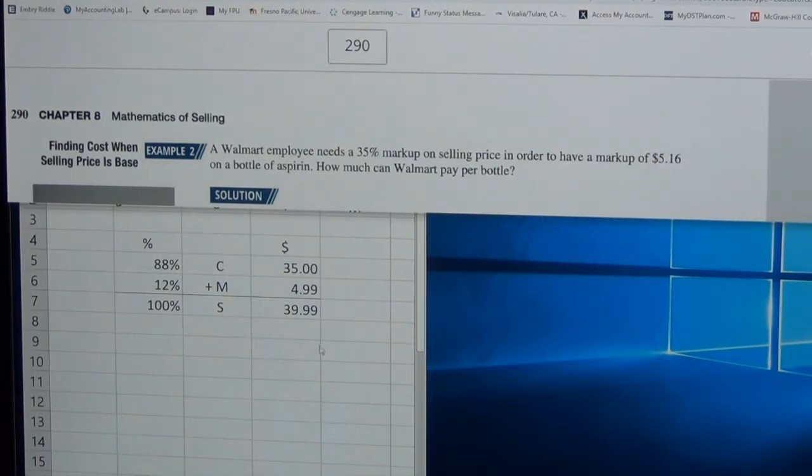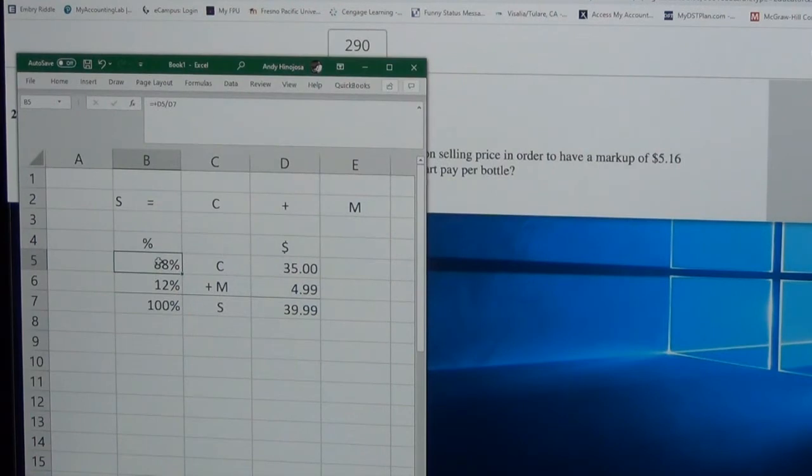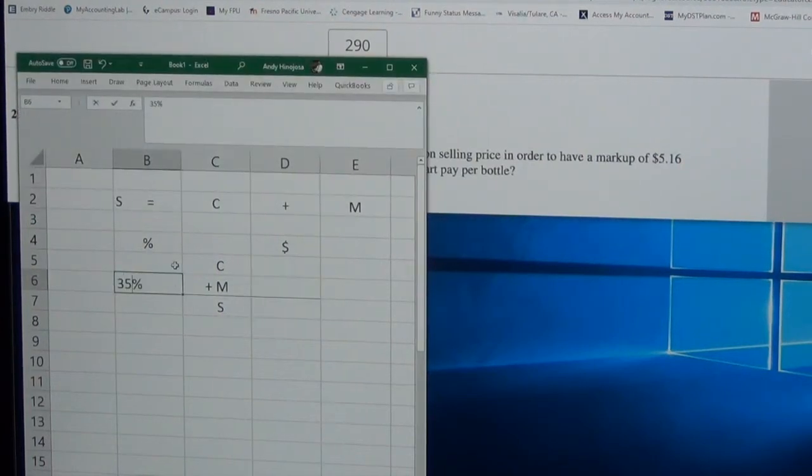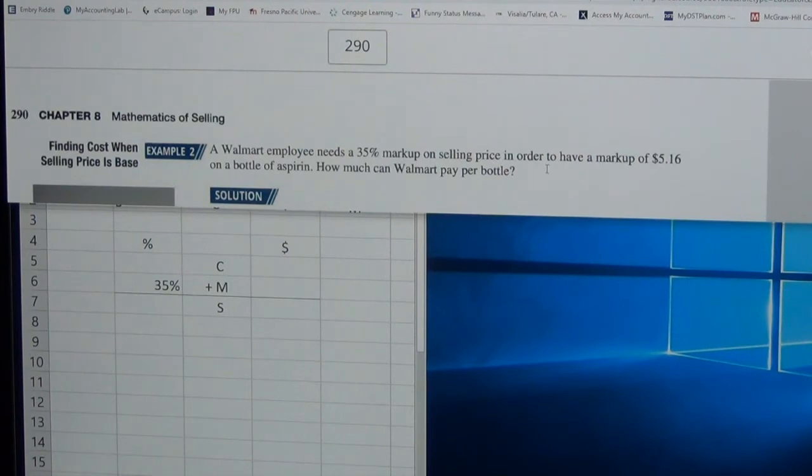Alright, so let's look at what we know. Let's go ahead and clear out the information we had before in our previous example. We know that we need a 35% markup, so we're going to go ahead and plug in 35% on our markup.